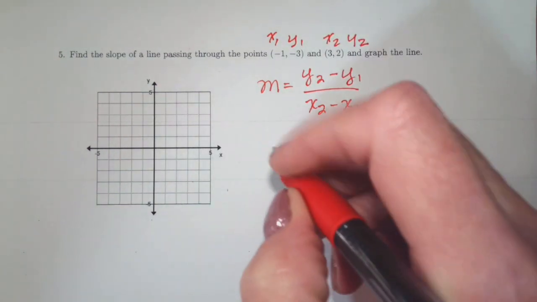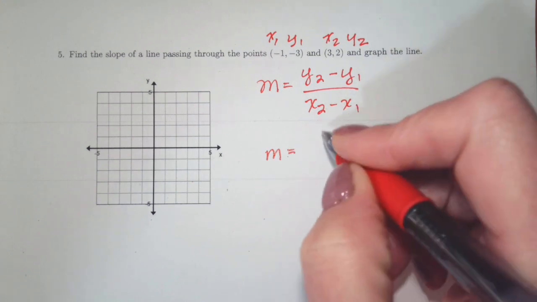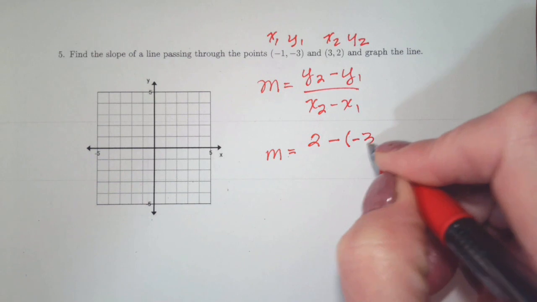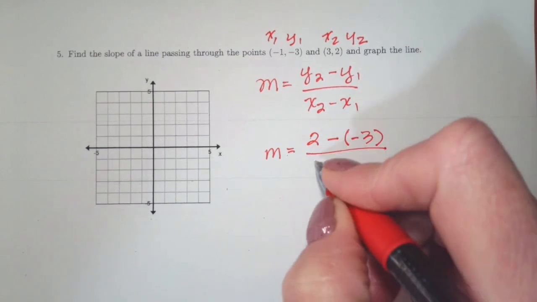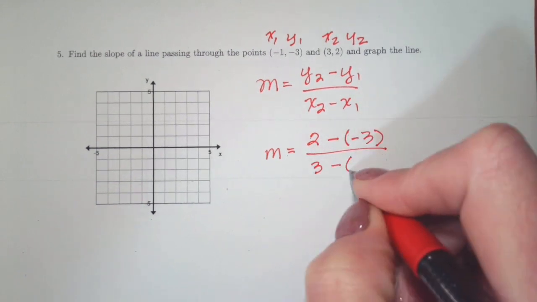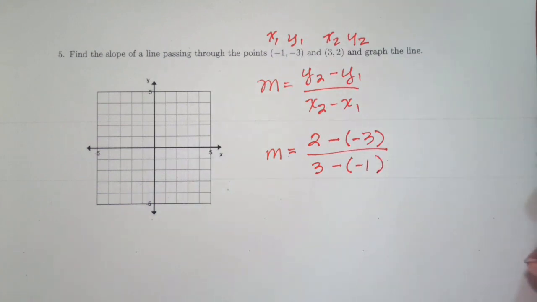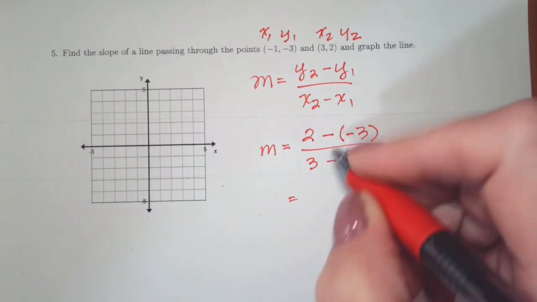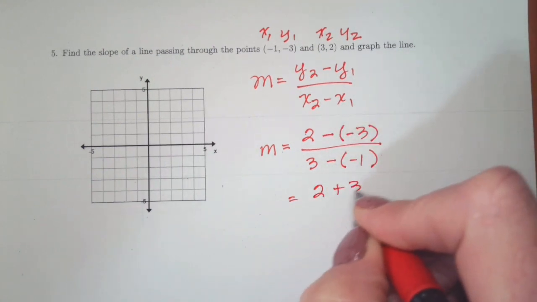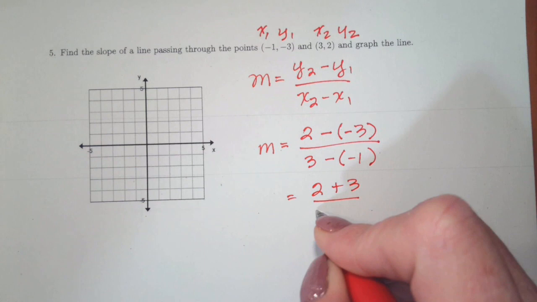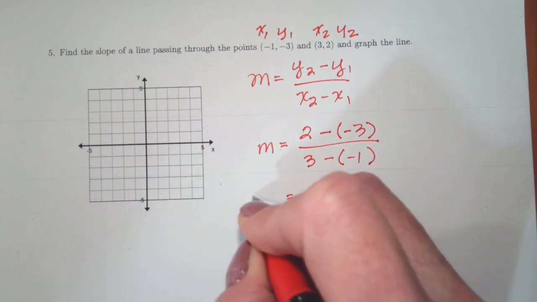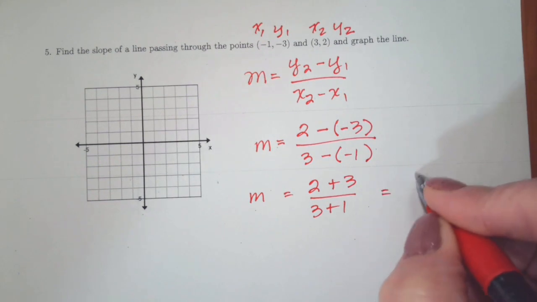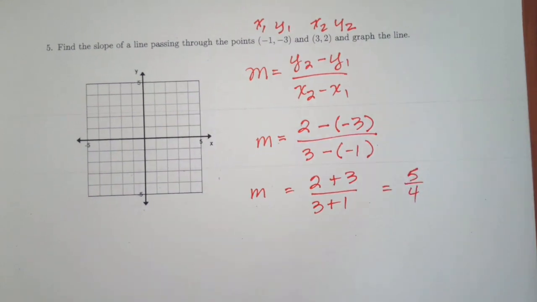So in this situation, my slope is y2 minus y1 divided by x2 minus x1. So that becomes 2 plus 3 divided by 3 plus 1, which is 5 over 4.